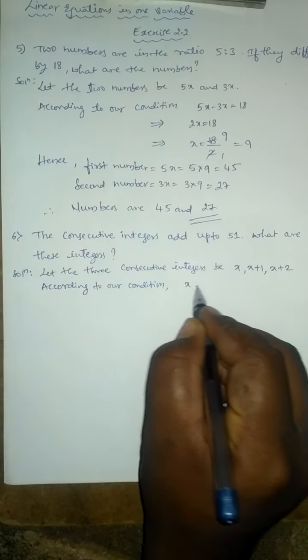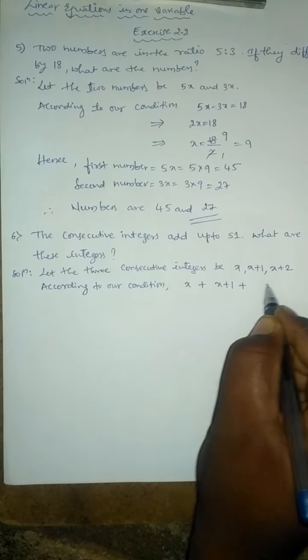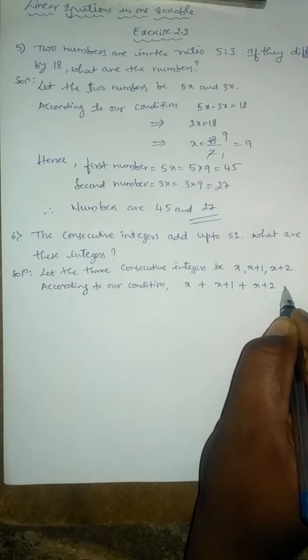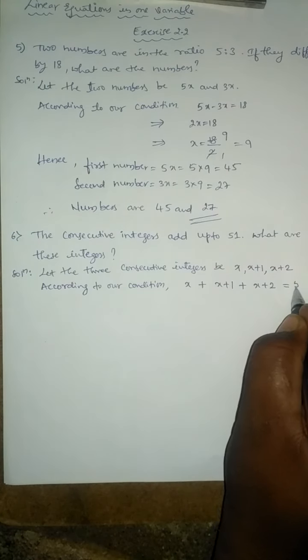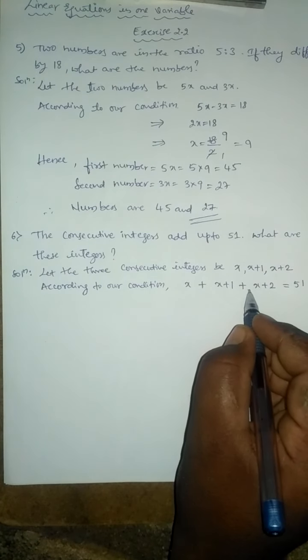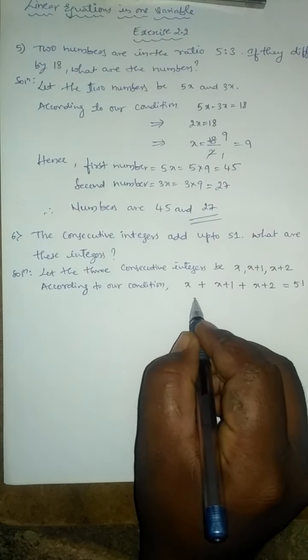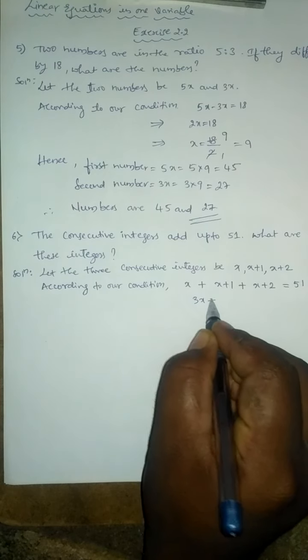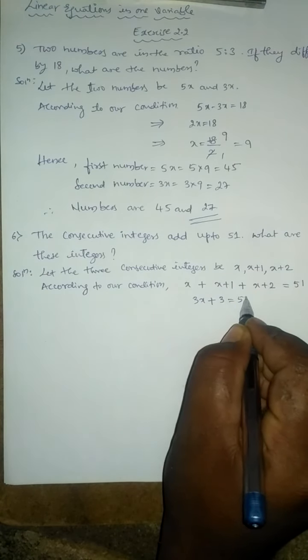So the first number is x, x plus 1 is the second number and x plus 2 is the third number. Adding all three, x plus x plus x gives 3x, and 1 plus 2 is 3. So 3x plus 3 is equal to 51.